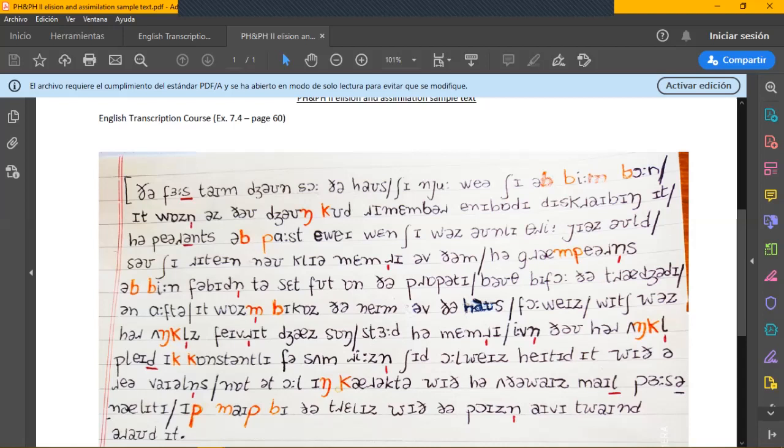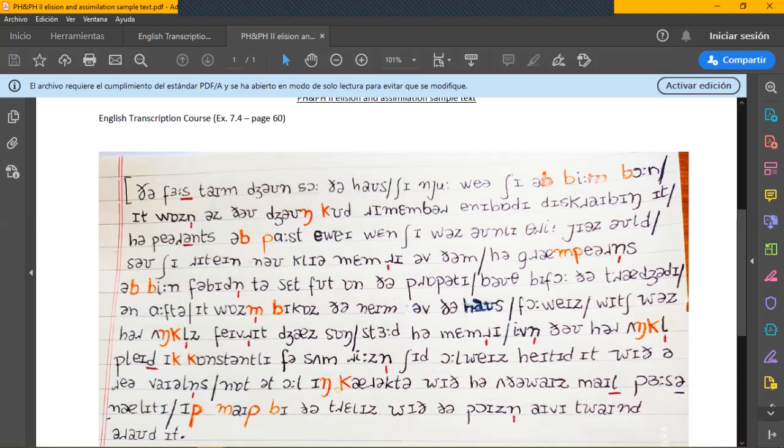Why is it that it becomes syllabic? Because you know that this word is made up of two syllables, wasn't. The second syllable is unstressed.